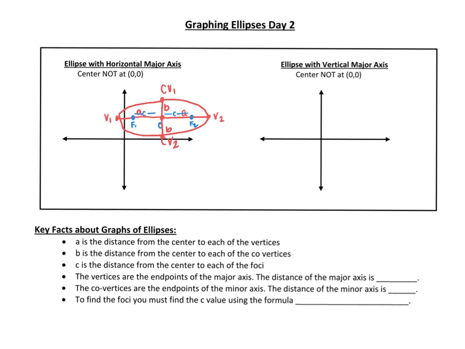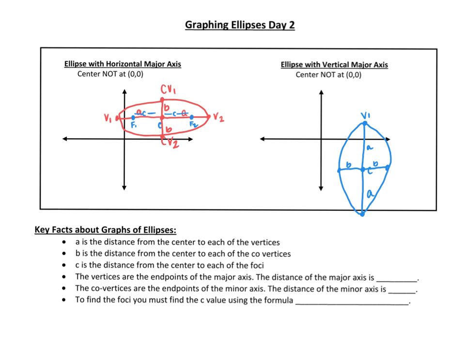So if I wanted to draw the same picture for an ellipse that has a vertical major axis, we could do that as well. So let's just say I put the center here. Now my major axis this time is going to go vertically, so the distance from the center to one of the vertices is still A, and the distance from the center to the co-vertices is B, and our ellipse looks something like this.